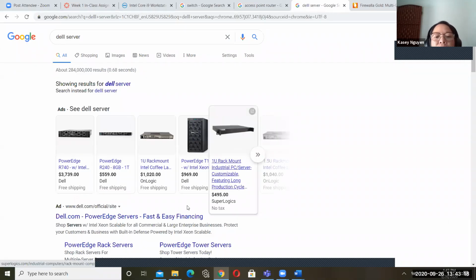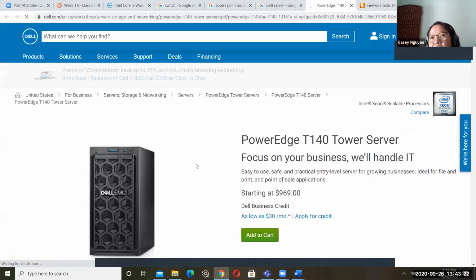Okay, so sometimes they would look like a tower, sometimes they're not. Preferably I don't like using the tower because we work mostly with racks. Rack mount servers are so much better, they save space, because the tower you have to physically sit it.